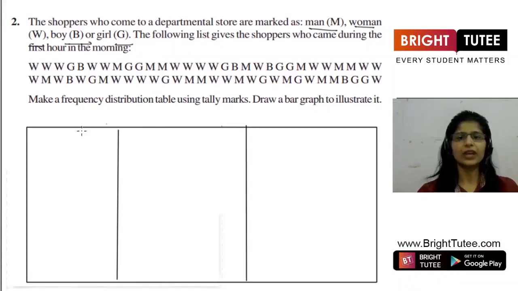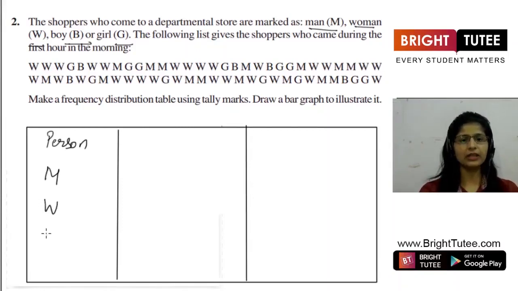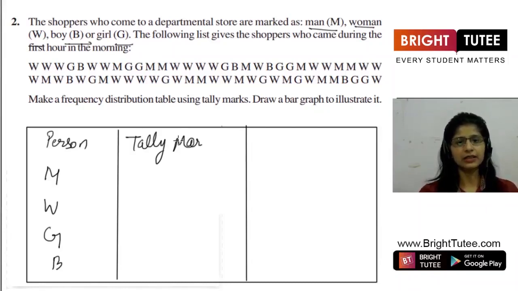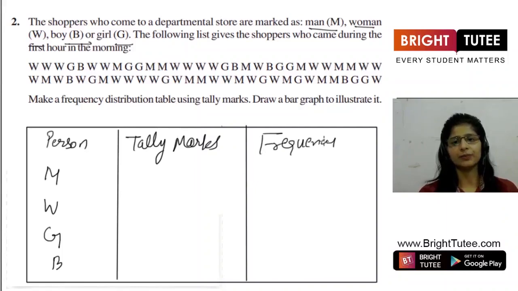Here we will write the person. That means it can be men, women, girl, or boy. These are the four persons that have visited. Here we will write tally marks, and here we will write frequency.